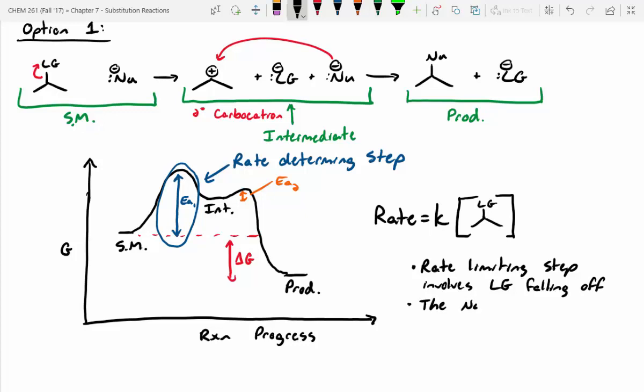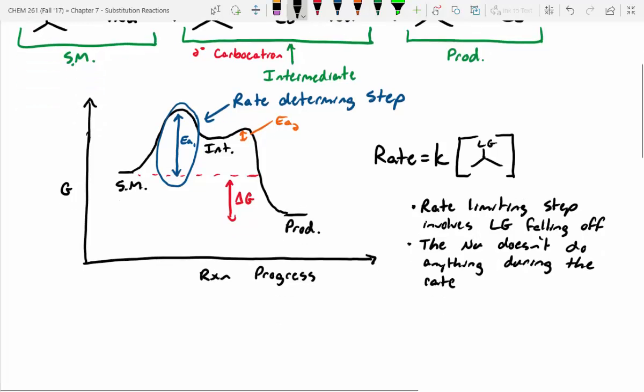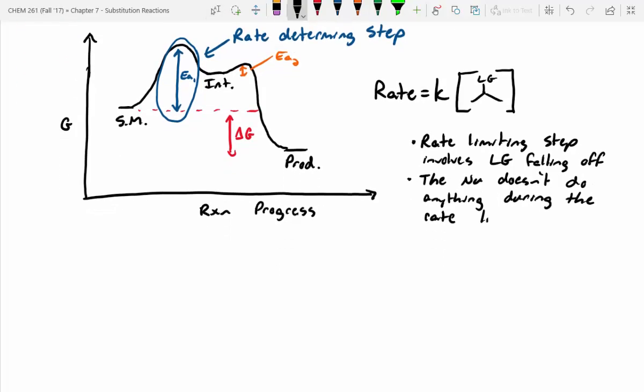The nucleophile doesn't do anything during the rate limiting step. Does that make sense? So that's one potential option for this reaction. We've kind of theorized what the rate equation would be.